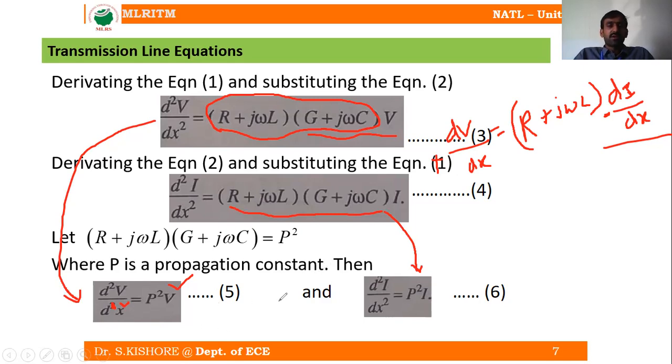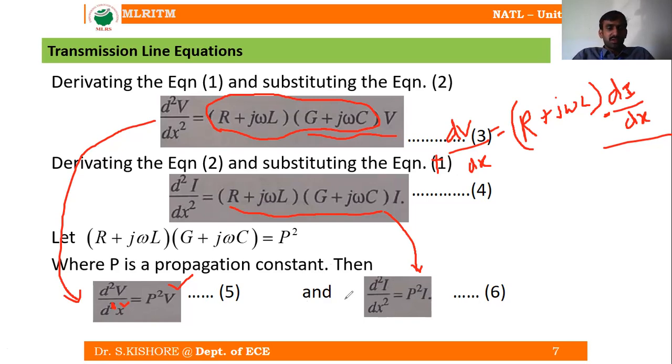So now we have come across two expressions, 5 and 6. These are the differential equations of our transmission line. Equation number 5 gives the equation in terms of voltage and equation number 6 gives it in terms of current.